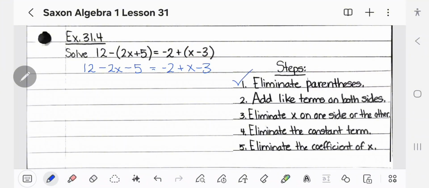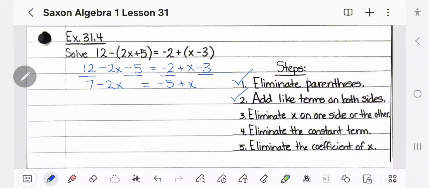All right, we've taken care of eliminating parentheses. Now we're going to add like terms on both sides. We have a 12 minus a 5, which is a 7. Bring down the minus 2x equals a -2 minus a 3, which is -5. Bring down the plus x.